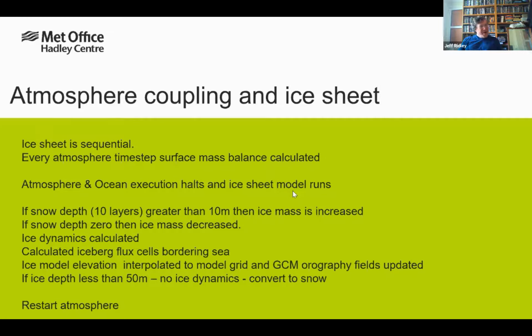Now I'll go through how this all works and how we've tried to solve some of the problems. The ice sheet is sequential, which means that the model stops in order to execute the ice sheet.